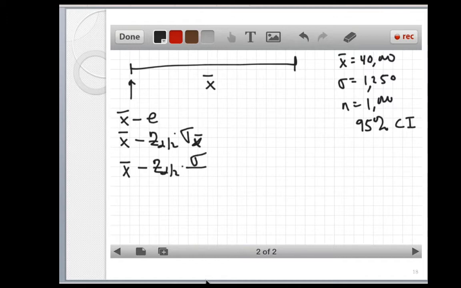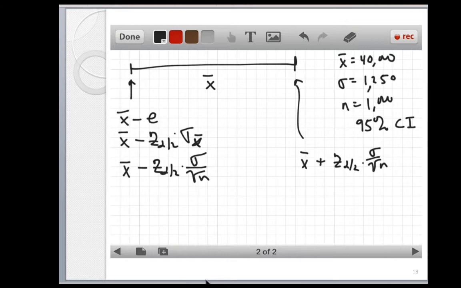The standard error, of course, is the standard deviation of the population divided by the square root of n. All right, and that means the upper bound is going to be x bar plus my critical z value times the standard error.